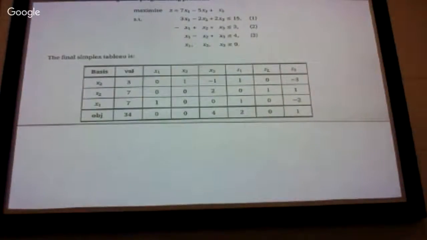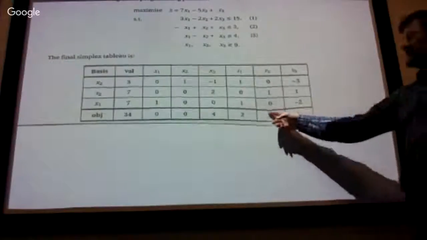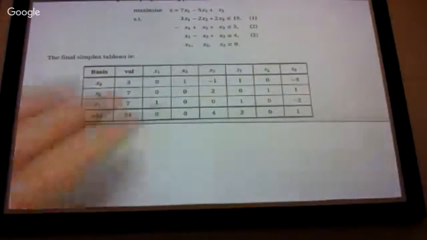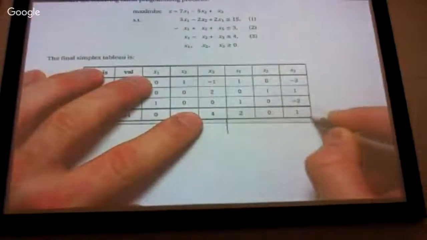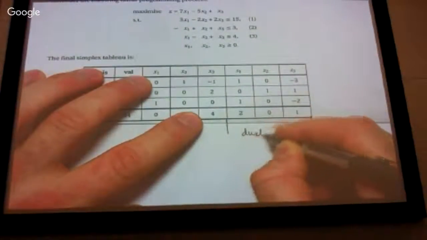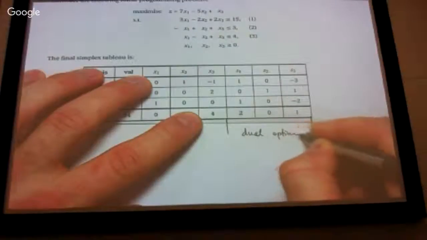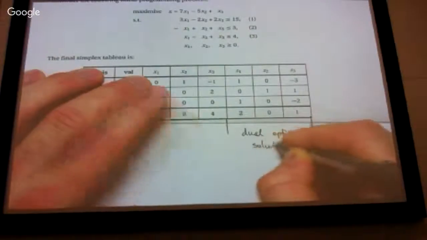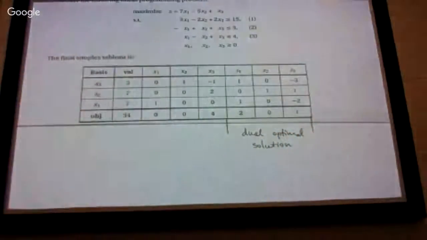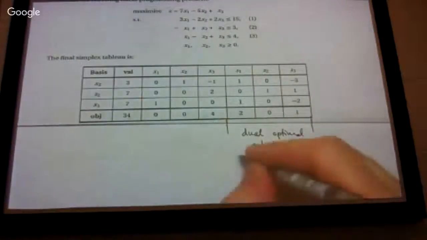So we kind of have some meaning for these entries over here. Well, remember that this is the dual solution. Does that ring a bell? If you want some kind of economic interpretation, they're called the shadow prices.